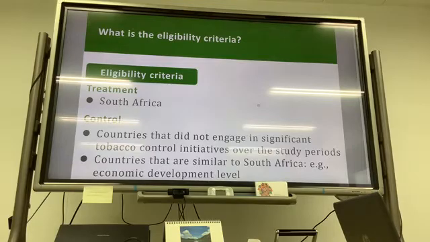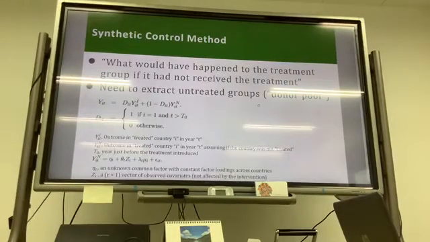Sorry. And donor pool is a specific term in the synthetic control method, which means, let's say, untreated groups, right? Yeah. Untreated groups. Yes. And the equation for this method is shown here, but I'll skip that.